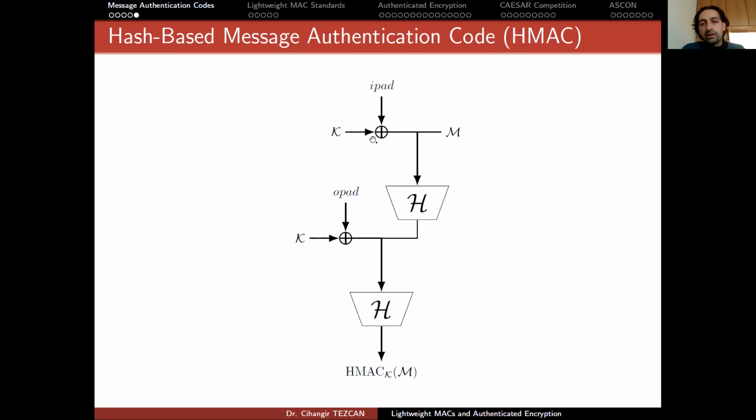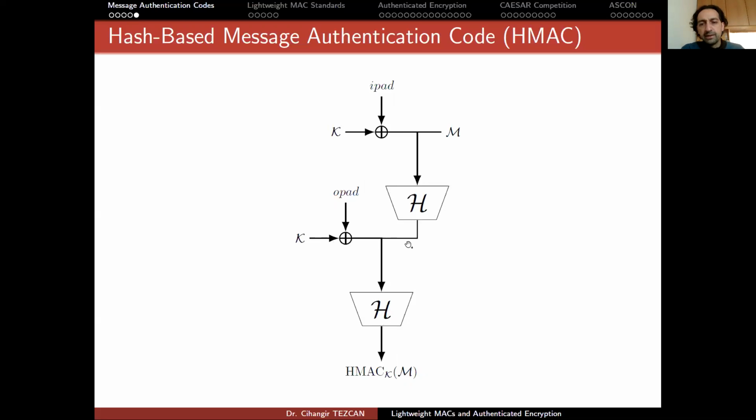Now you concatenate it with your message and perform your hash operation. For instance, if you choose SHA-256, you perform SHA-256 on the key concatenated to your message. The output is again concatenated to your key, but this time it is XORed to a different value. You perform a final SHA-256 and obtain the tag.